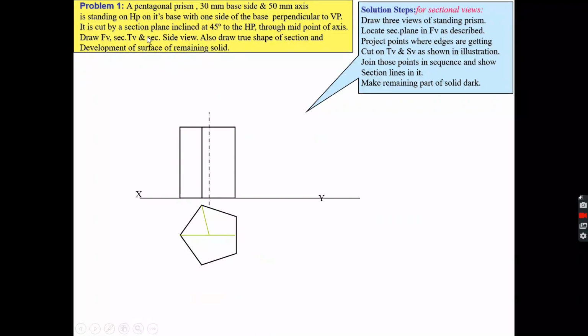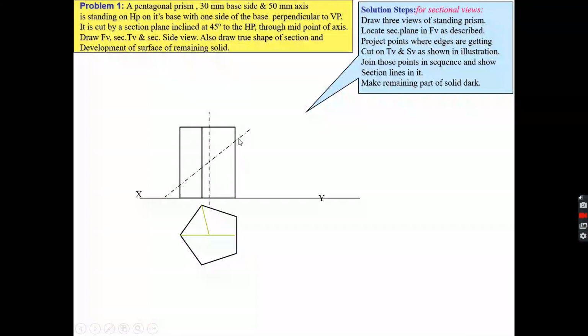Now you have to cut the solid by a section plane which is inclined at 45 degree and passing through the midpoint of the axis. So this is how you will cut the solid, and it is cutting the solid at this edge, at this edge also, and this edge also.